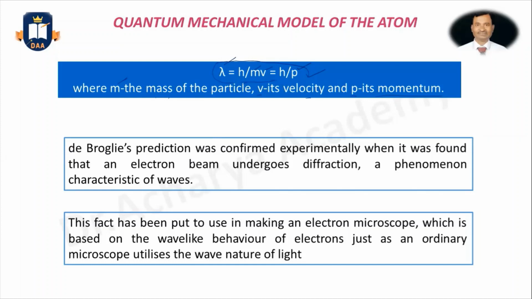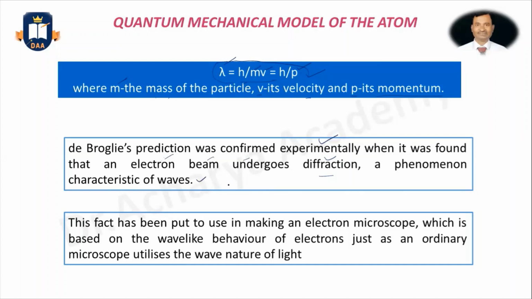De Broglie's prediction was confirmed experimentally when it was found that an electron beam undergoes diffraction. That means the electron has particle nature, and when it undergoes diffraction, that is a phenomenon of wave nature.